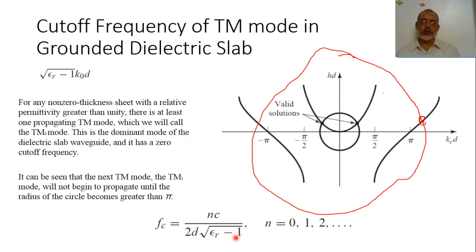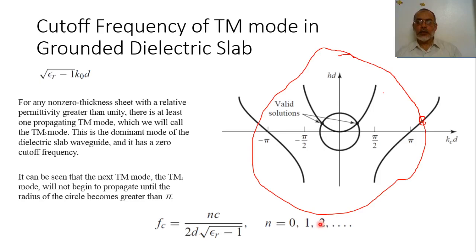Even so, we don't need it, or we are not interested in it. But because we are not interested in this surface wave mode, we are not interested in the higher modes. So in designing a grounded dielectric slab, we are interested in not introducing the higher order modes, or not exciting the higher order modes.